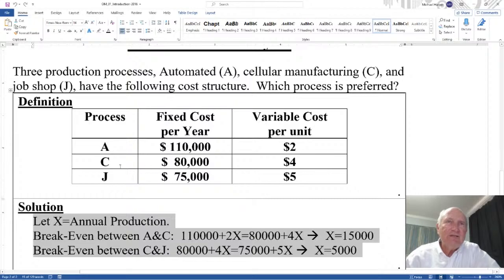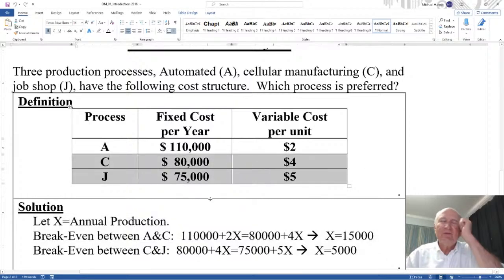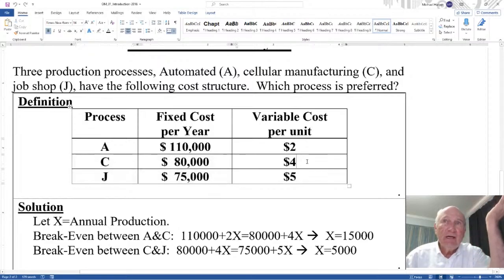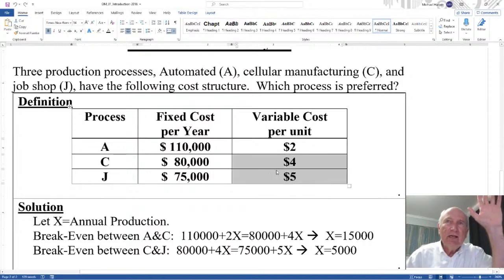Let's look at C and J. We want the break-even between these two. Okay, right here, extreme value. If I produce nothing, then which one of these is cheaper? Well, J is cheaper. By how much? By $5,000. Okay. But when I start producing something, then J is $1 more than C, right?